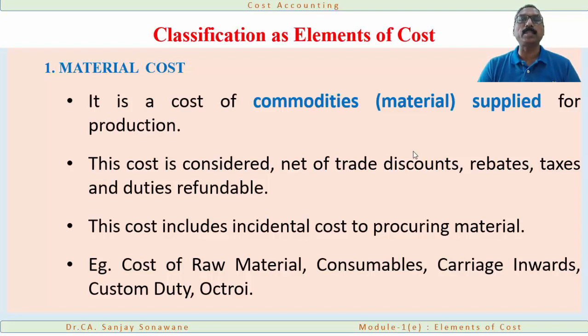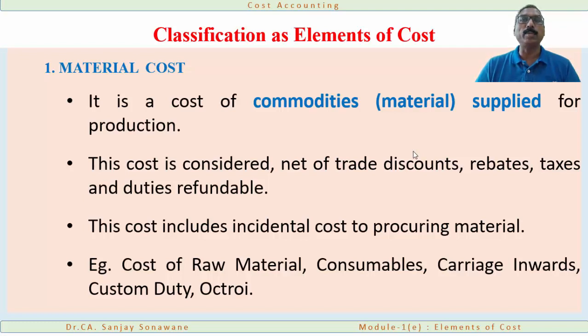The third paragraph is, this cost includes incidental cost of procuring material. It means the original cost of material, in addition to that, all expenses incidental to the purchase of material are also to be included as a cost of material. Examples: cost of raw material itself is a material cost. Cost of consumables is also a material cost.